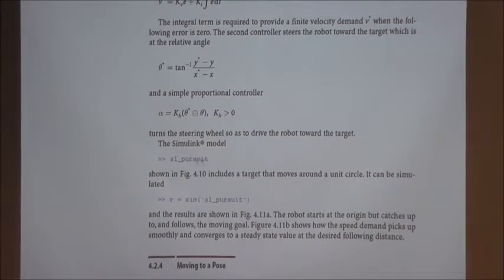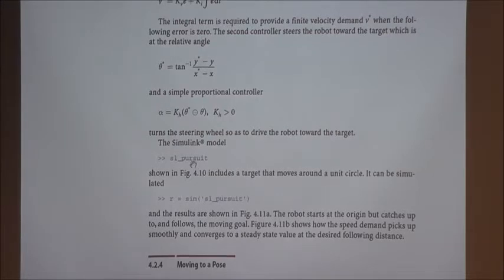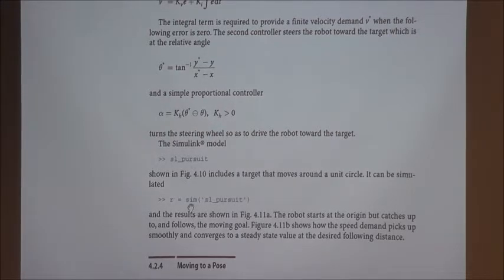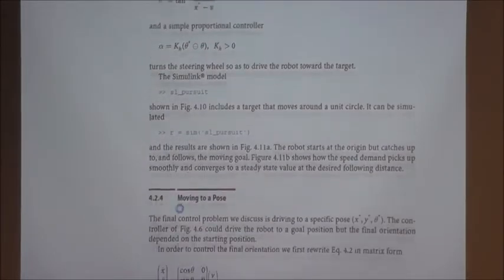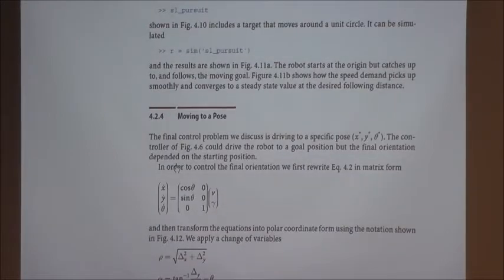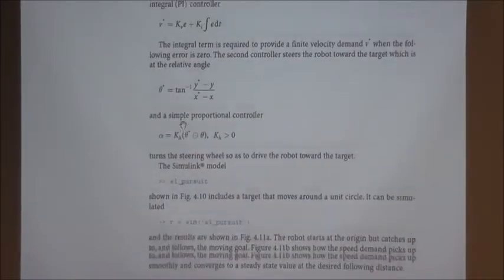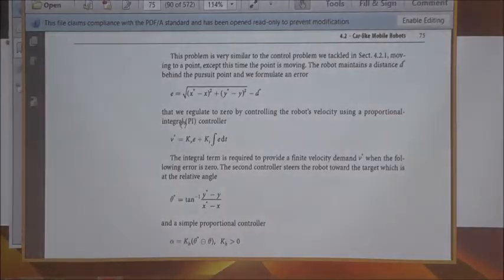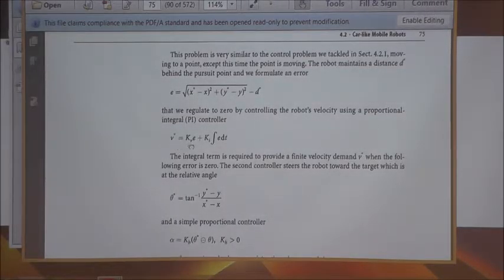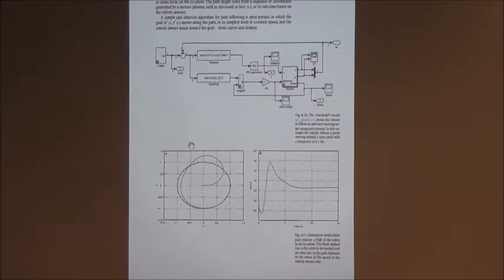Here again, you have another command called sl_pursuit. You sim it or simulate it like this, and you get the variable. Okay. So, and let me see where. Okay, here we go.